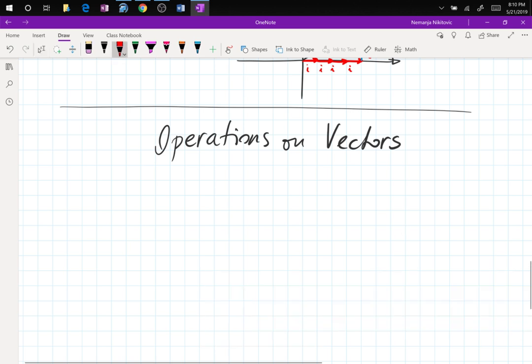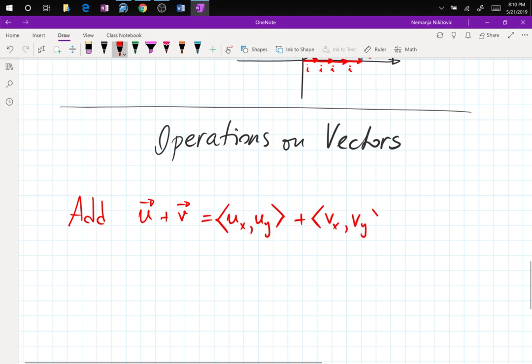So I can add two vectors. If I go u plus v, that would be vector u, I'll call that ux, uy, plus vector v, vx, vy, and then when you add them, you add x component to x component, so that's ux plus vx, comma, uy plus vy.